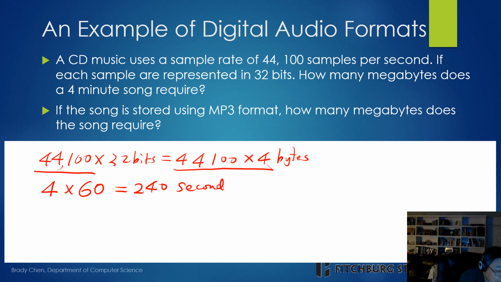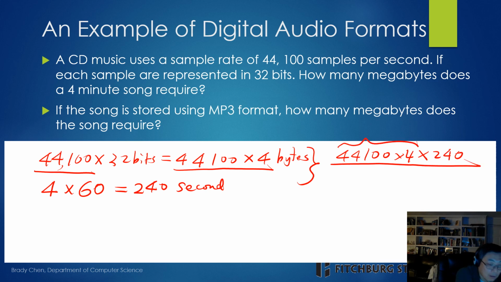So the total space is going to be 44,100 times 4 times 240, because that's the storage space used for 1 second of music, and that's the total number of seconds. Okay, now this gave you the bytes.